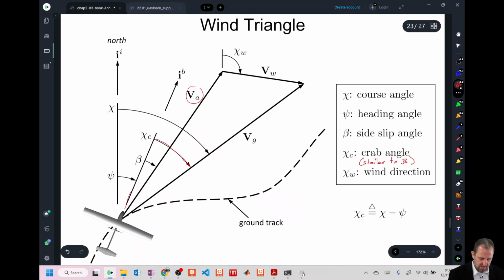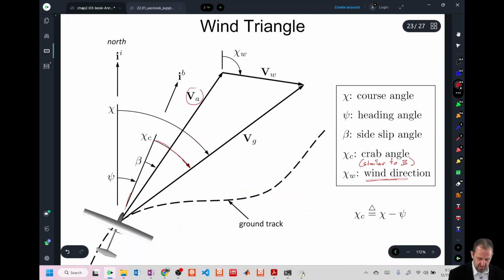And then we have one more vector, or one more angle right here. This is just going to be called basically the direction of our wind. And that's measured off of the north axis. And this is to the wind coming from our weather, right?